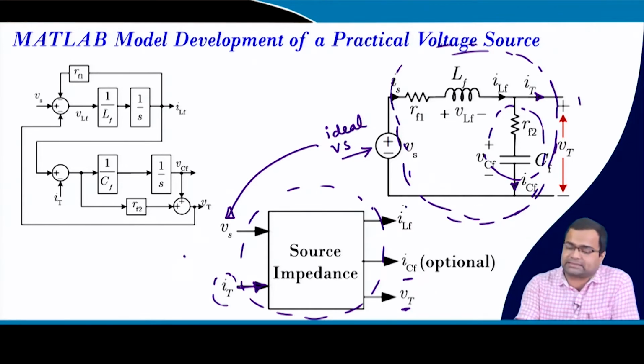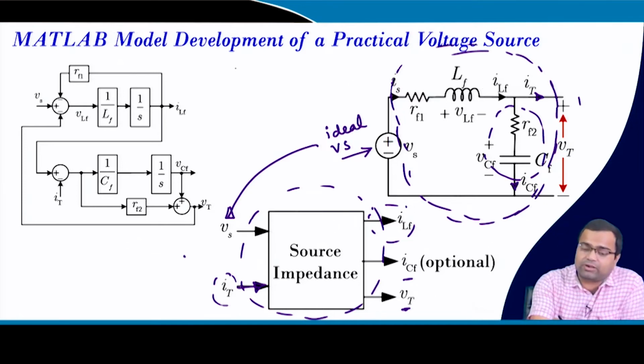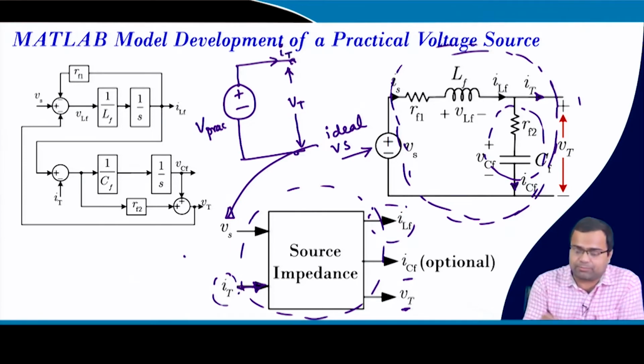We can also access the current of this inductor, but again these are optional, because whenever we talk about a practical voltage source, only the terminal voltage is accessible to us, nothing else. What is accessible is the current going out of this terminal, which is the input.